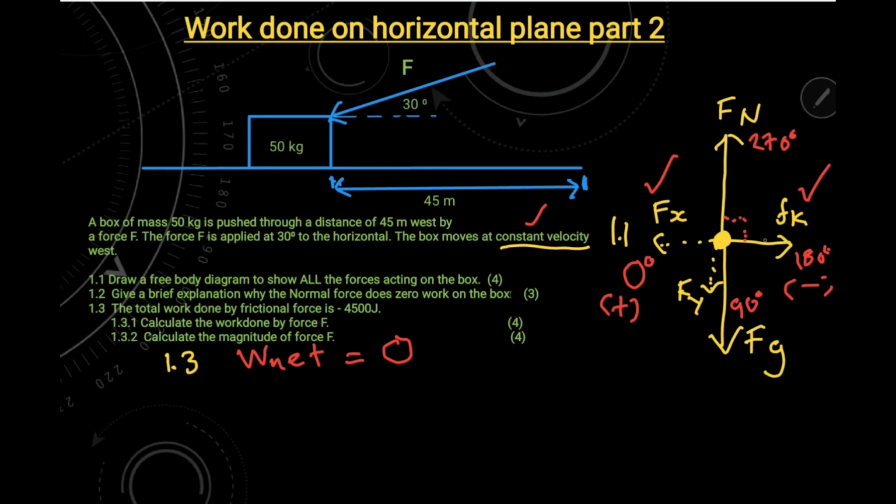Think of it this way also. If the net work done was negative, what would happen to this object? Suppose W net was negative.